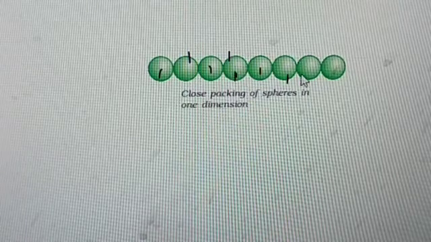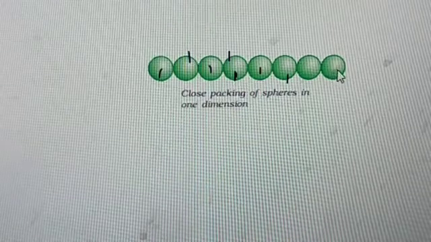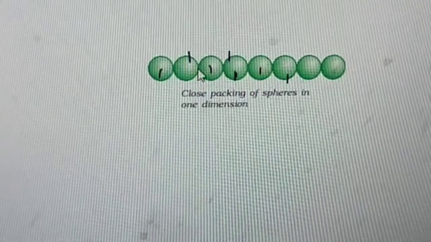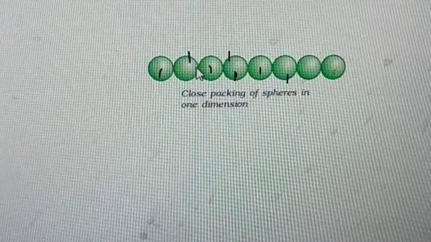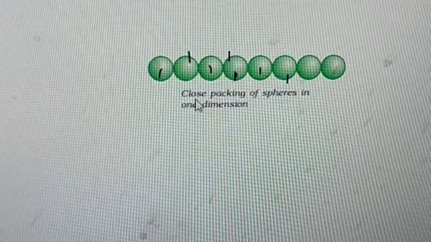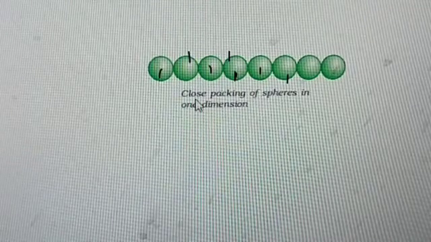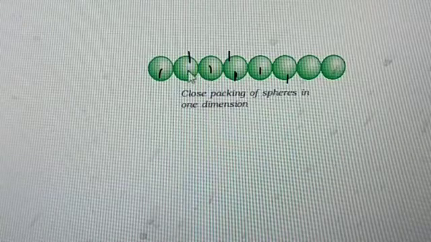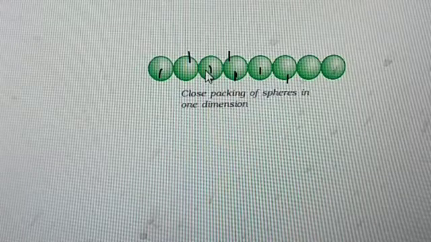So each and every particle arranged in this is surrounded by 2 constituent particles. As it is surrounded by 2 of its neighbors, the number of nearest neighbors of a particle is called the coordination number. So how many neighbor atoms are there?